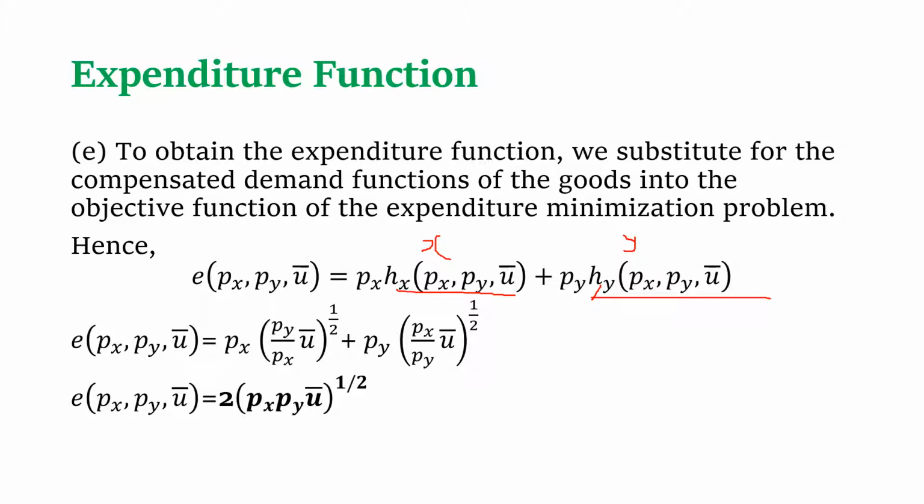And so if we plug those in, px times py over px times u bar to the half, plus py times px over py times u bar to the half, that gives us 2 times px py u bar, all raised to the power half. So that is your expenditure function.